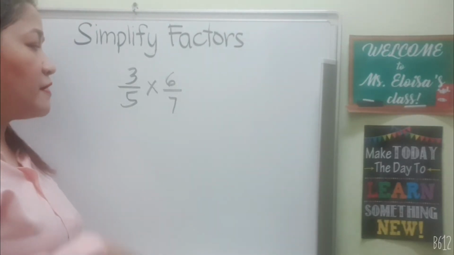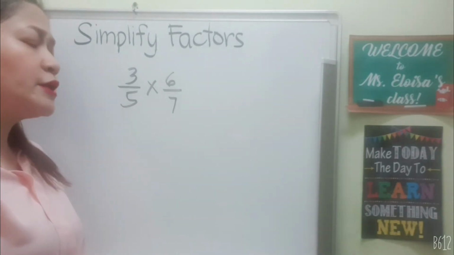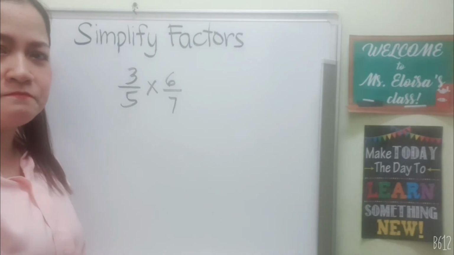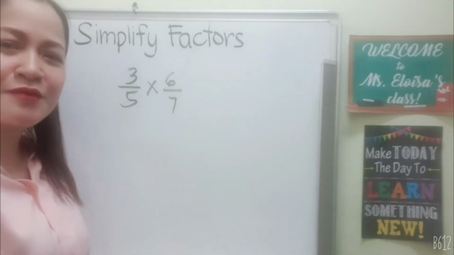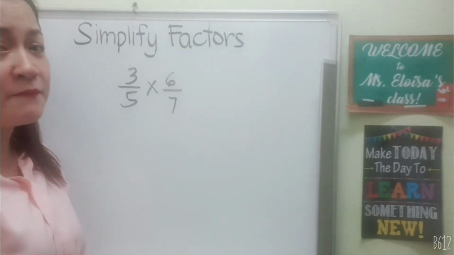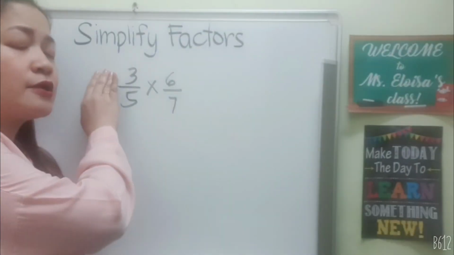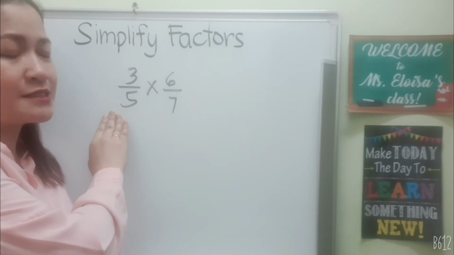Now suppose we have our example here, 3/5 times 6/7. Why do you think we can't simplify this before we multiply? Do you have any idea? That's a good guess. We cannot simplify this before we multiply because there are no common factors in the numbers in the numerators and in the numbers in the denominators.